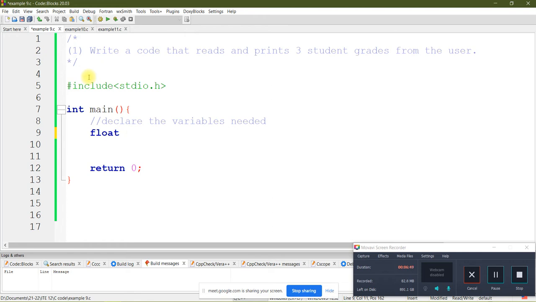And then the 3 variables that we will be needing: grade 1, grade 2, and grade 3. So those are the 3 variables that we will be needing for this problem. Okay?